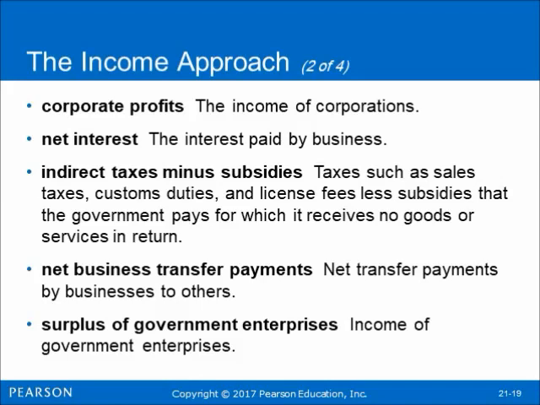Fifth, net interest, which refers to the interest paid by businesses. Sixth, indirect taxes minus subsidies, or taxes such as sales taxes, customs duties, and license fees, less subsidies that the government pays for which it receives no goods or services in return.